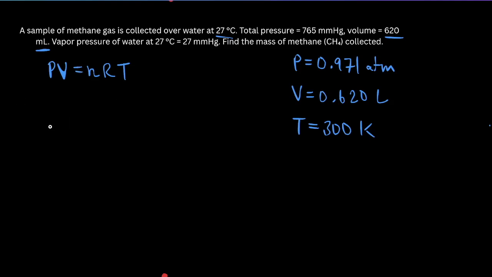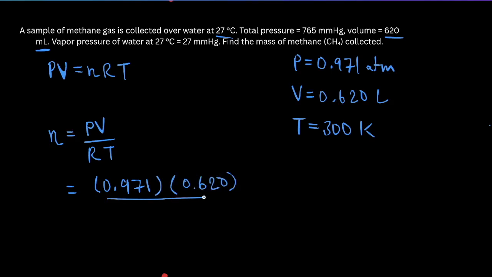Now that we have all this information, we can simply plug and chug. PV equals nRT, so n is just PV over RT. This is equal to 0.971 times 0.620 over our gas constant, 0.08206, times our temperature, 300.